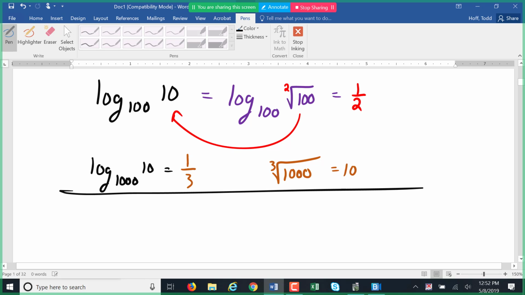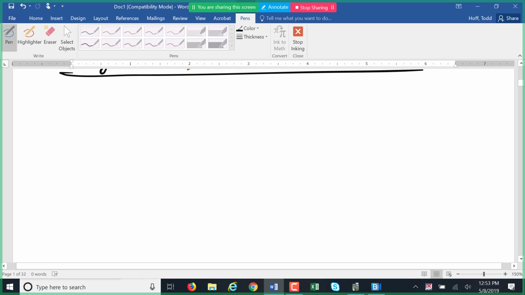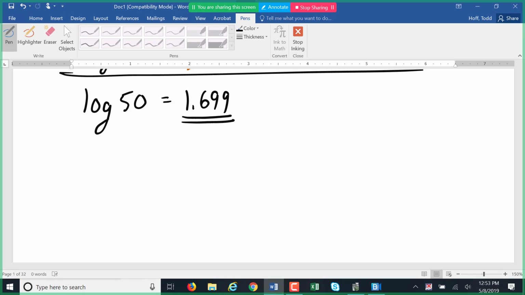Okay, let's get back to log base 10 and doing some examples with that. On your calculator, find log base 10 of 50. What'd you get? 1.699 is perfect.